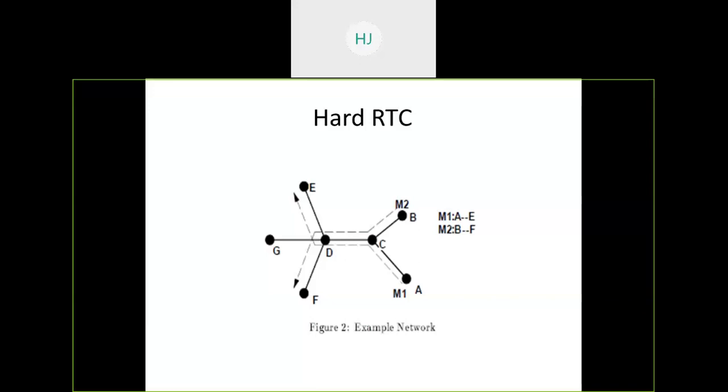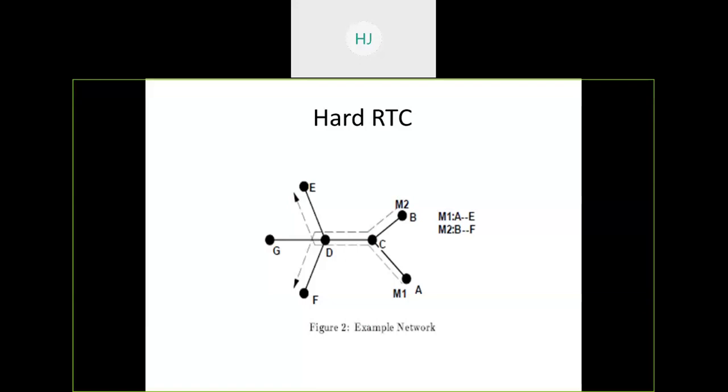In our communication model, we can see on the screen an example of the network. The network is composed of a set of nodes connected by a set of links. Each directional link allows two nodes to communicate with a given bandwidth.